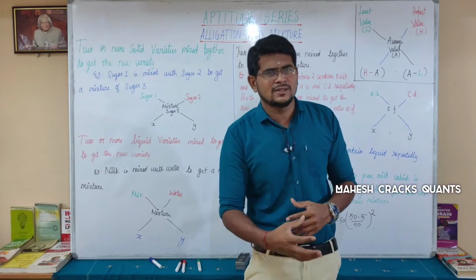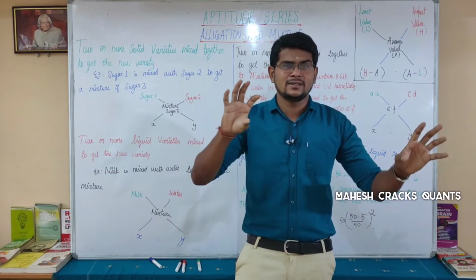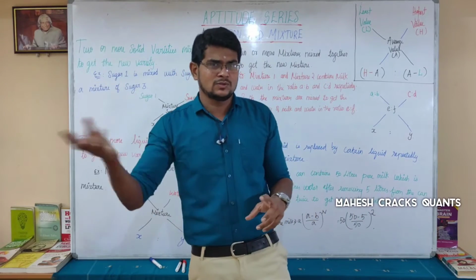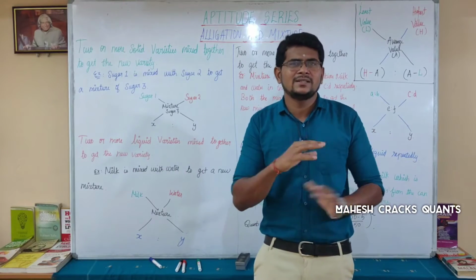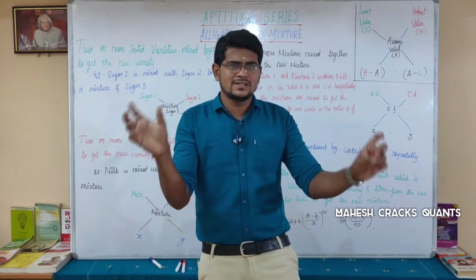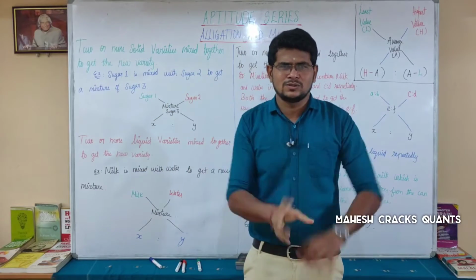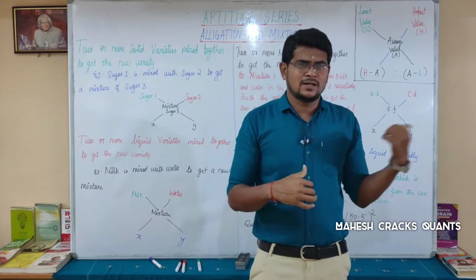They can't sell sugar 3 at more than the highest one or less than the least one, because they have to get some profit. So they fix the rate between those two prices, sugar 1 and sugar 2. That is the mixture, which is the average price. So you have to fix according to that.